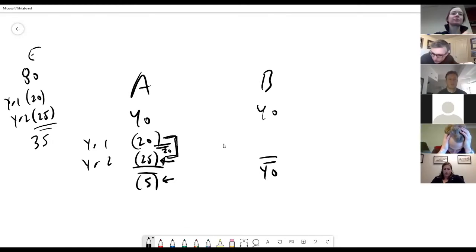And again, this makes sense. If we liquidate at the end of year 1 for book value, we'd have 60 of cash.